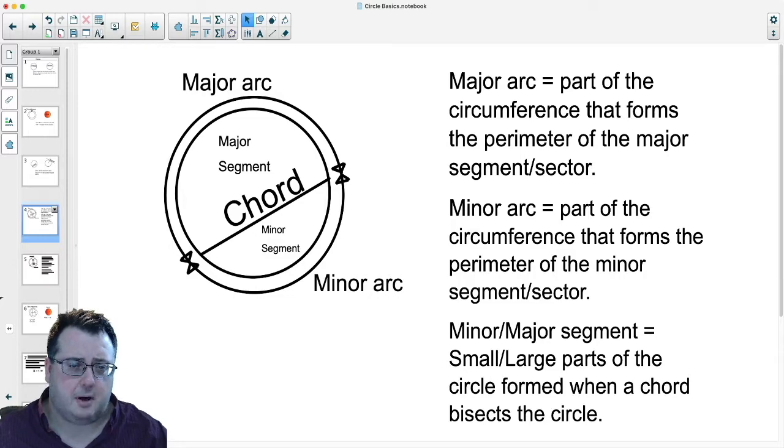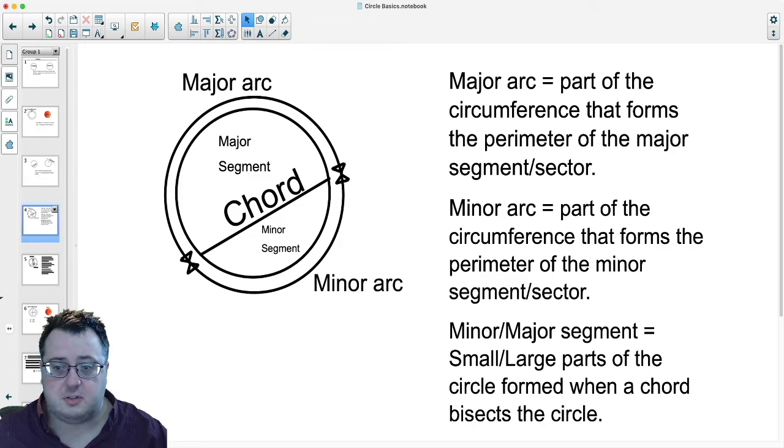The bigger part of the circle is called the major segment, and the major arc is what goes around the outside of the major segment. The minor segment will have the minor arc on the outside of it, and it's part of the circumference that forms the perimeter of the minor segment or sector. We'll come on to what sectors are in a moment, but for the moment segments are what you need to know.